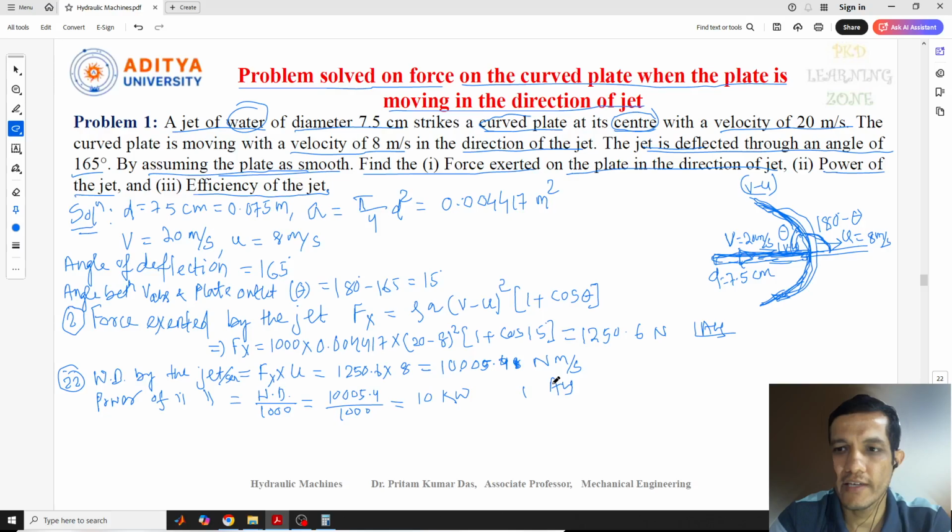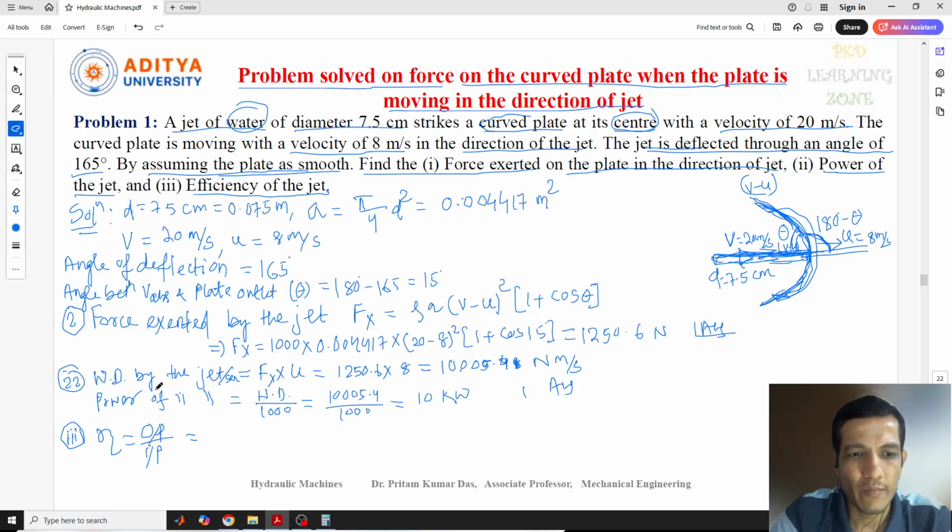And our third answer is the efficiency. To find the efficiency, again we need to calculate two things: one is output, another one is input. Efficiency equals output by input.